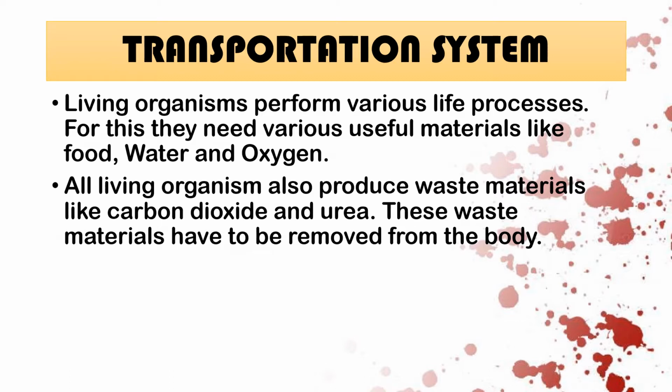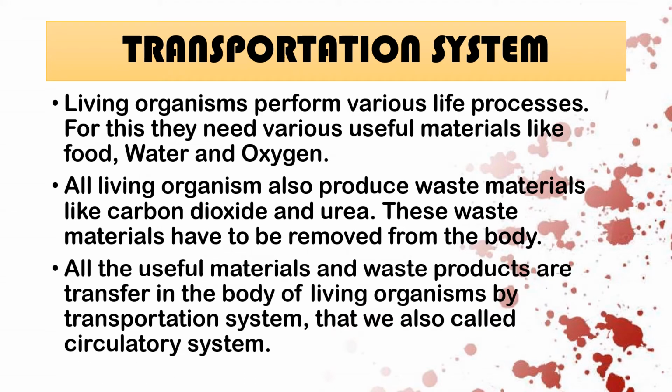These waste materials have to be removed from the body. Therefore, the useful materials and waste products are transferred in the body of living organisms by the transportation system, and this transportation system is also called the circulatory system.